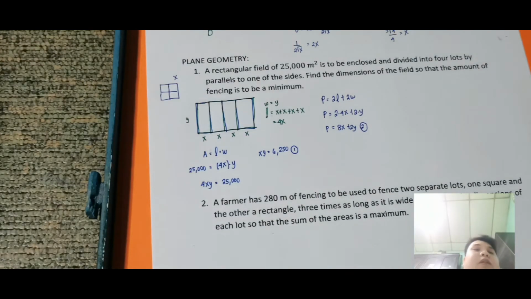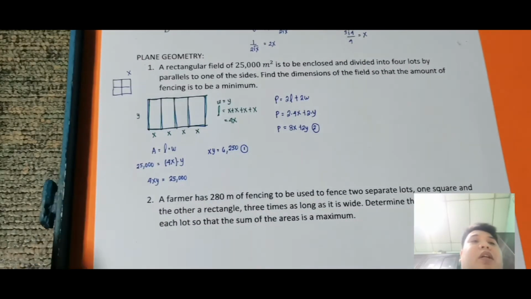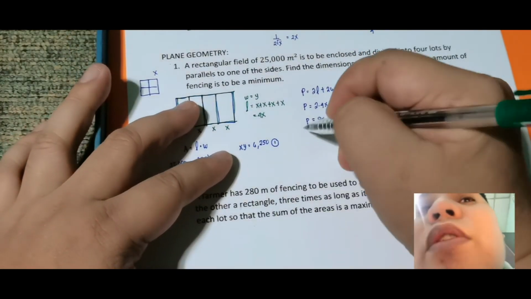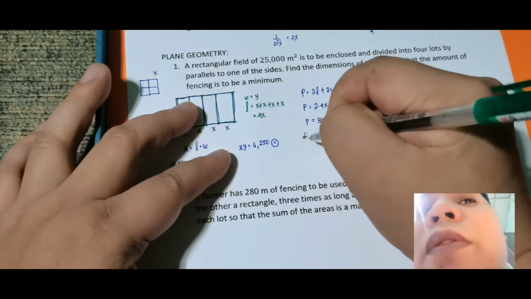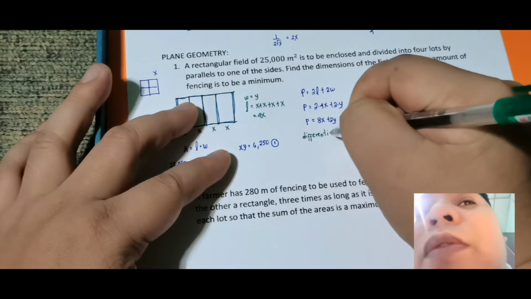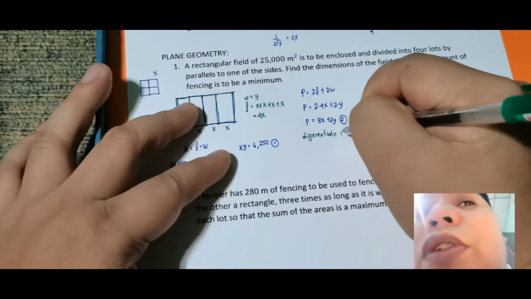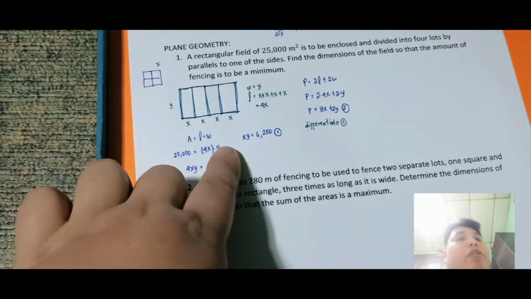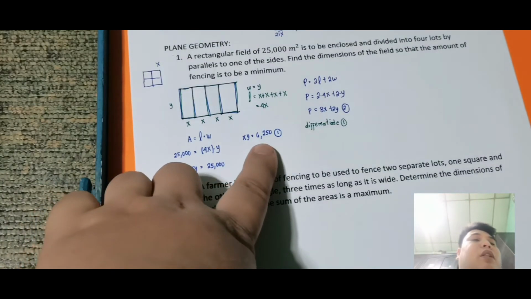So syempre, since dalawang equation na form natin, gawin natin yung ginagawa natin last time, i-differentiate natin yung dalawang equation. So we need to differentiate una sa equation 1. So differentiating equation 1, that is xy is equal to 6,250.